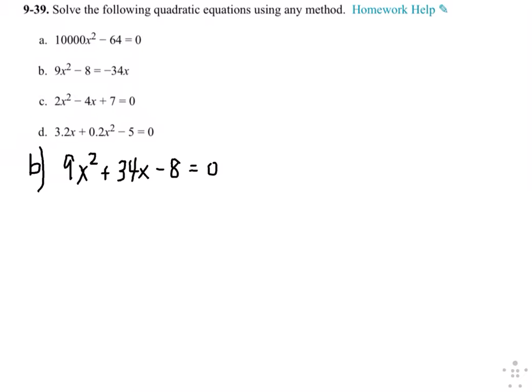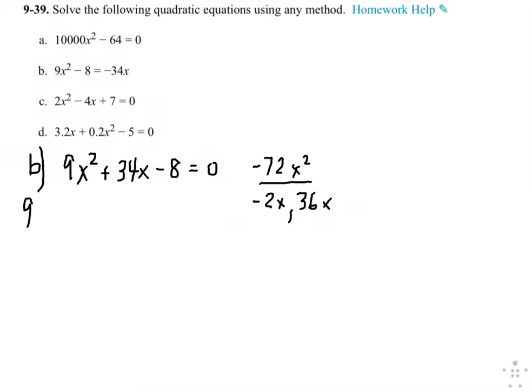We would take the first term and the last term and multiply them and get negative 72x squared, right? So what times what is negative 72, but added gives me 34. So that would be negative 2x and 36x, right? 36 minus 2 is 34, multiplied is negative 72.